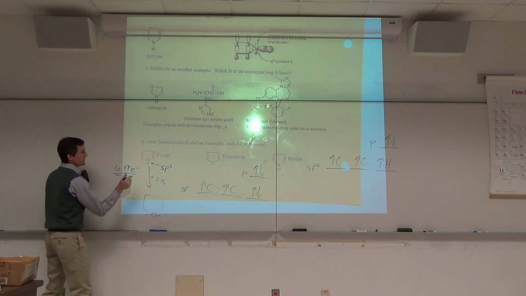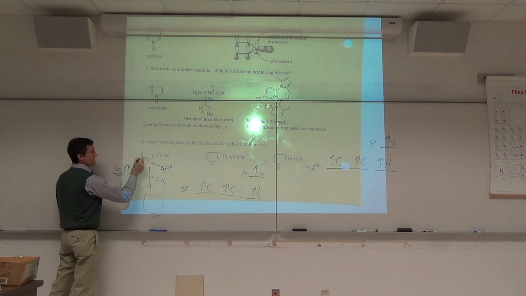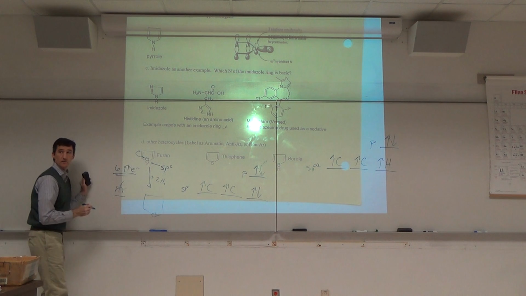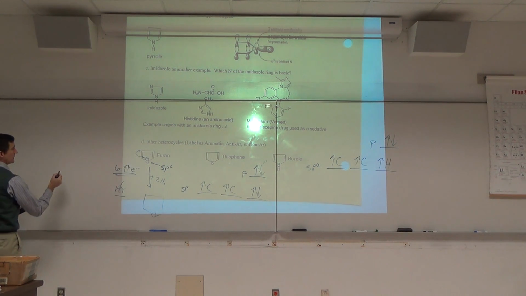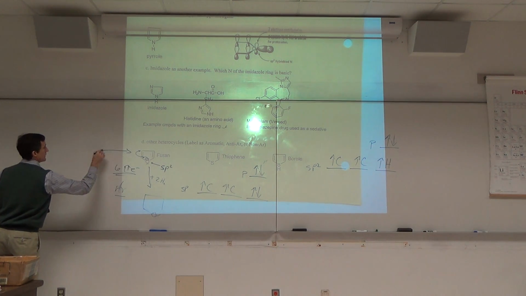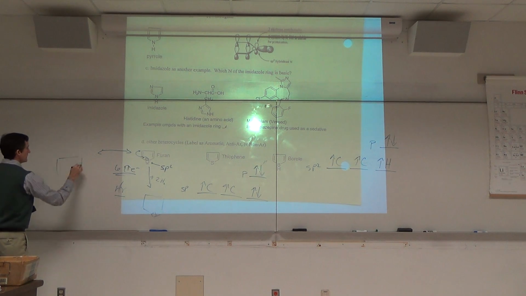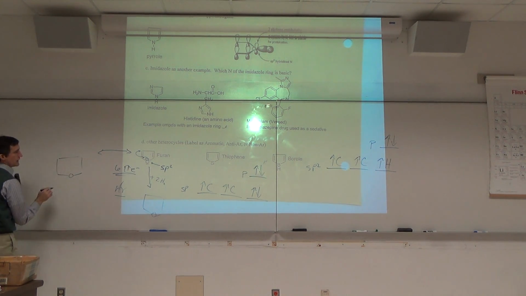We draw a traditional resonance structure, maybe like these electrons here and these electrons out. Does that look right? One lone pair left.